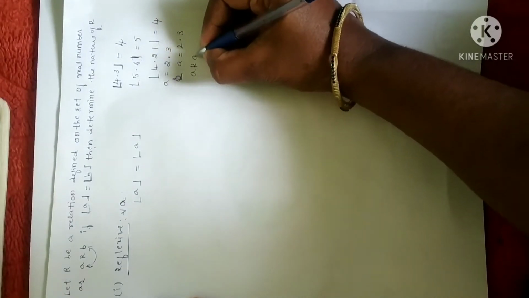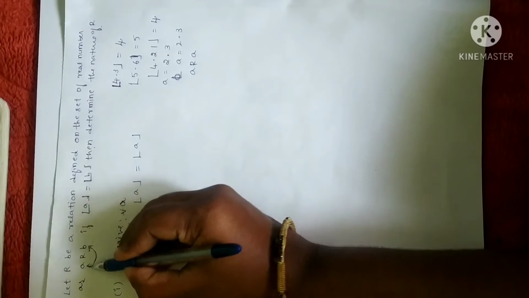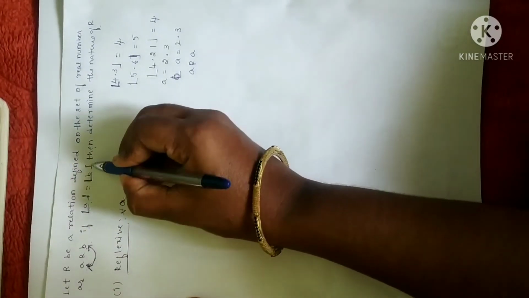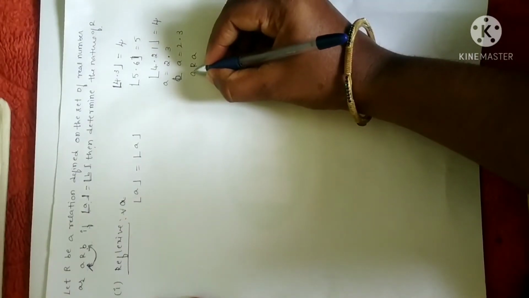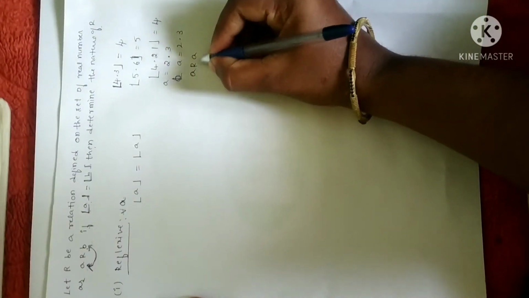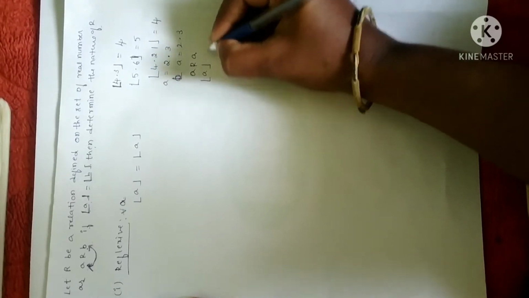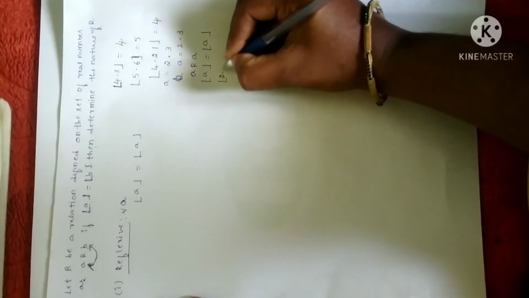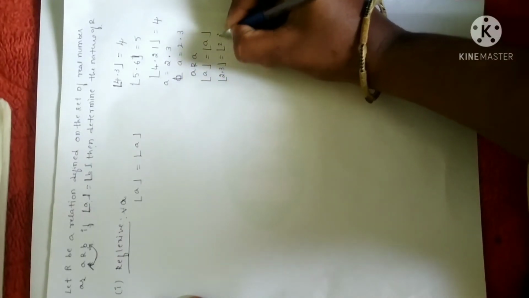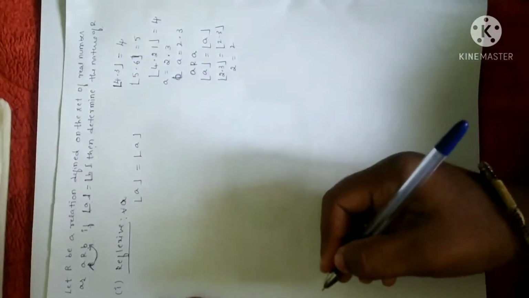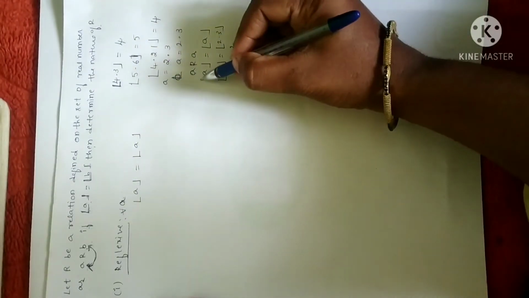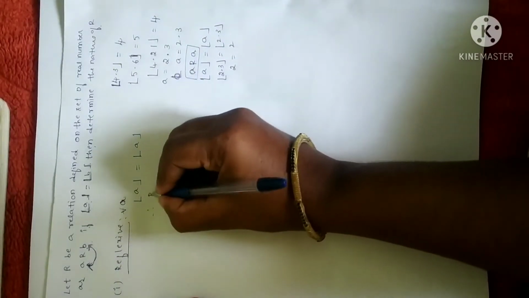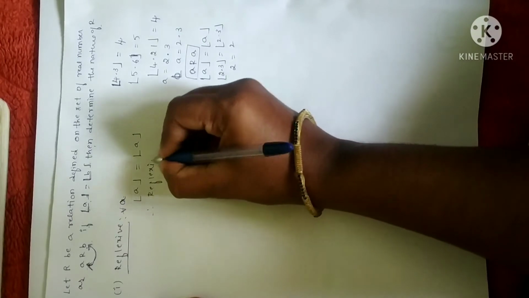Then A is related to A. Look at the question: A is related to B when the floor of A is equal to the floor of B. Similarly, since I am talking about reflexivity, A is related to A when the floor of A is equal to the floor of A. Now, what is the floor of 2.3? It is 2. So 2 is equal to 2. For an element A, the floor of A is equal to the floor of A. That is, A is related to A. Therefore, clearly it is reflexive.